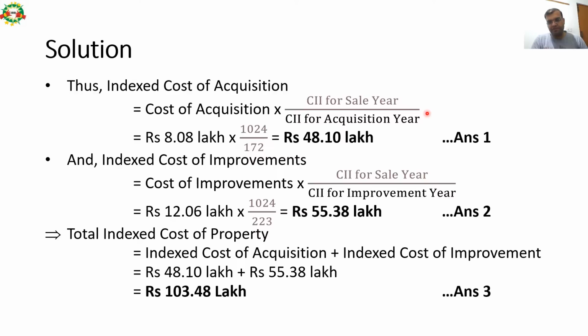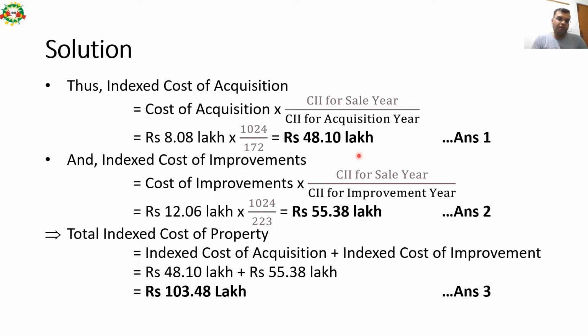The numerator will always remain the same, and cost index for acquisition year or base year, whichever is later. Let me repeat. Here the acquisition year is later than the base year. So indexed cost of acquisition is equal to 8.08 lakhs multiplied by 1024 and divided by 172, which is equal to 48.10 lakh. This is the indexed cost of acquisition. It is the answer to question number 1.